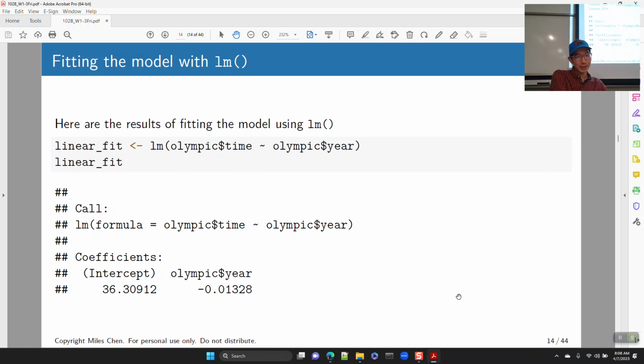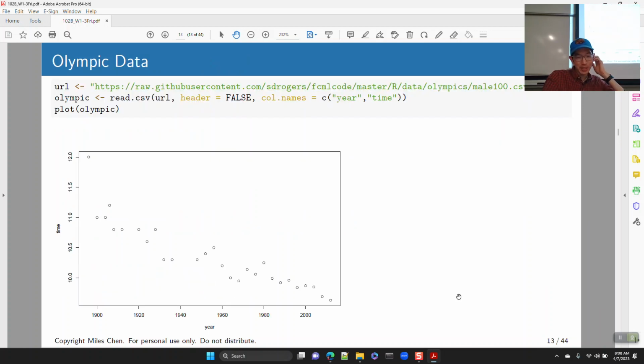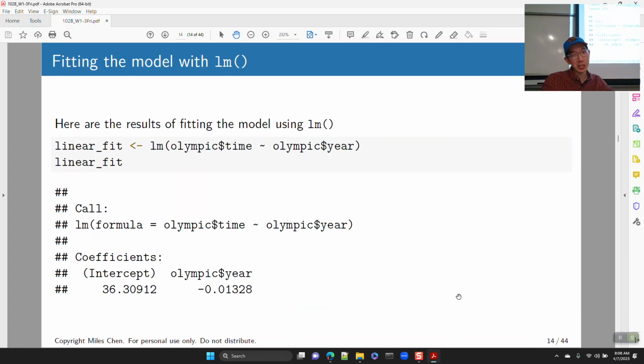All right, so let's just fit a linear model. Not probably the greatest idea, but let's just try it out. The linear model seems to indicate this is our intercept, this is our slope. Every year, we're getting faster by 0.013 seconds, so like 1/100th of a second.